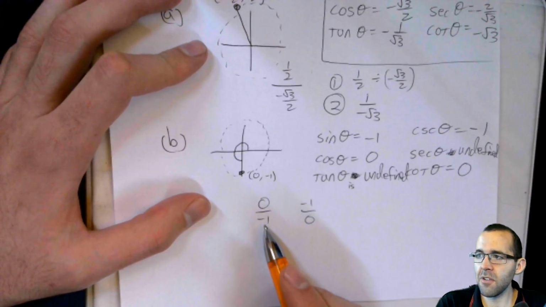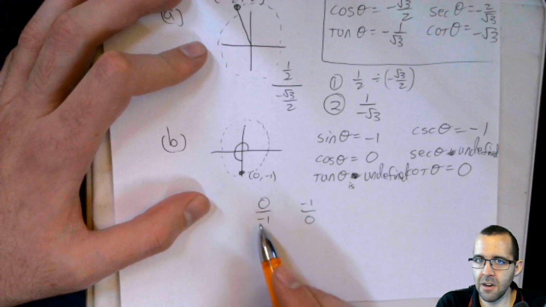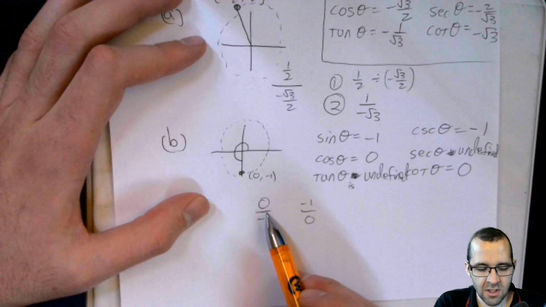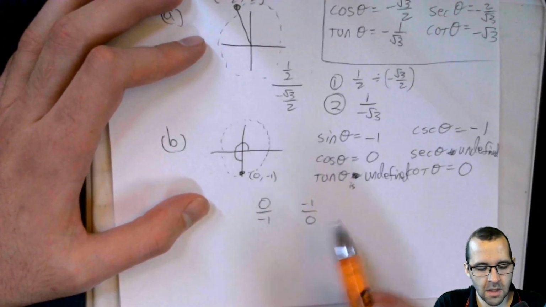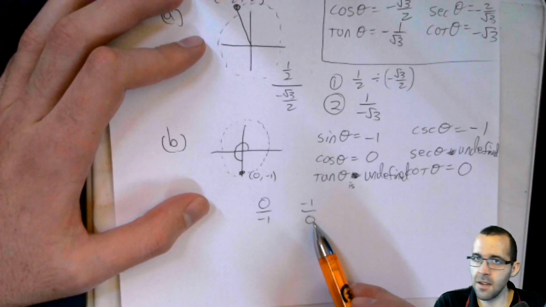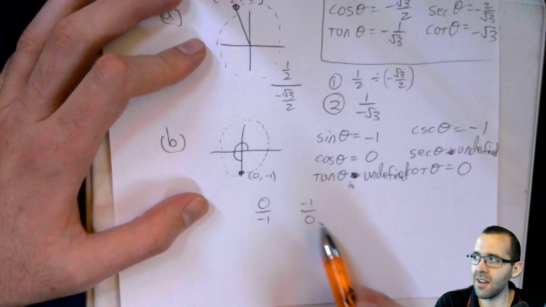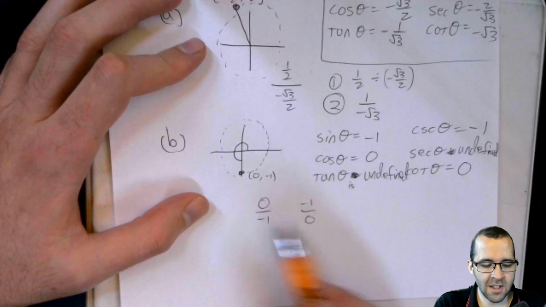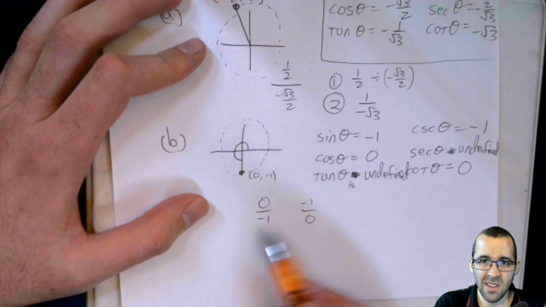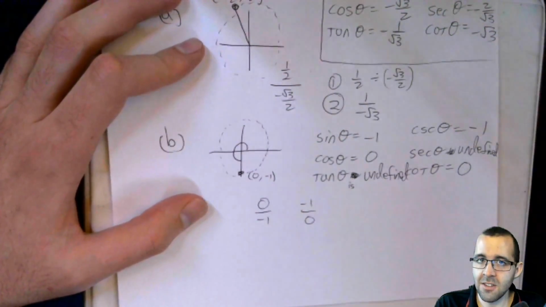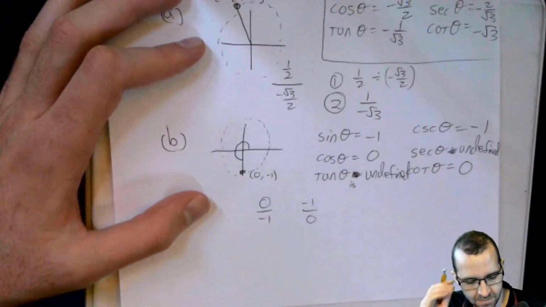If 0 is on the top of a fraction, that's okay. You can use your calculator to verify this. It just means it's equal to 0. If 0 is in the denominator, that is not okay, and that means undefined. So be very careful about these two situations. They are not the same. If you're ever in doubt, check your answer on your calculator, okay?